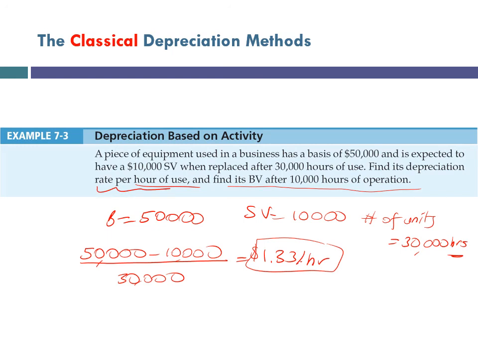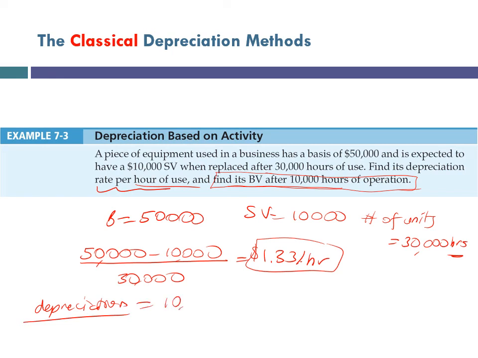And in the second part, it says to find its book value after 10,000 hours of production. Look, it doesn't say to find its book value at the end of the first year, second year. It says to find its value after 10,000 hours of production. So what is the total depreciation amount for 10,000 hours?